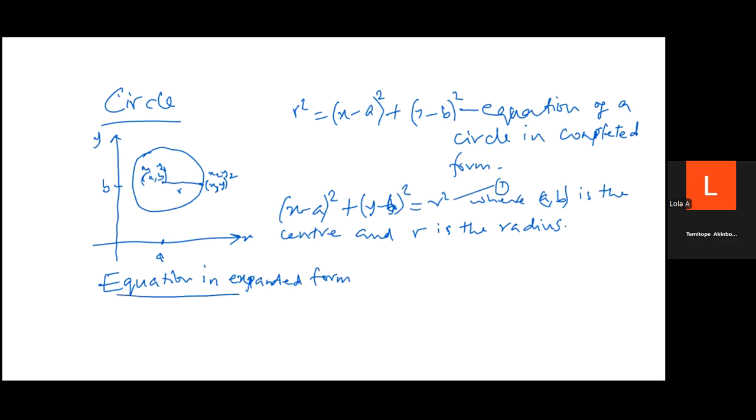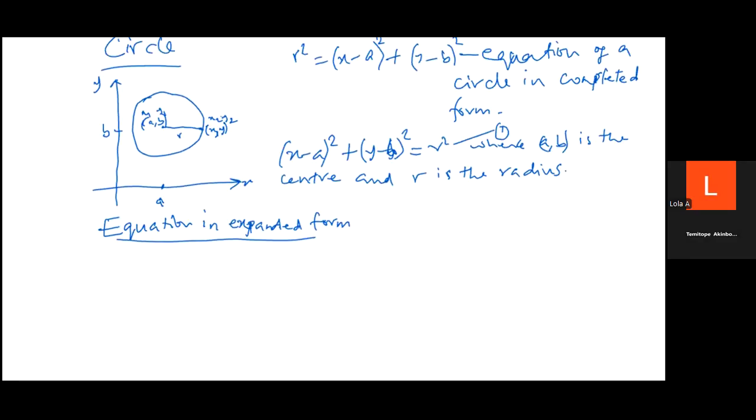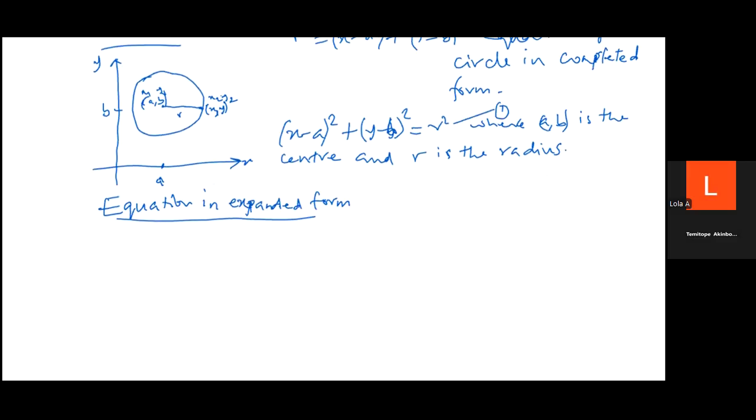Now, if I expand equation 1, so we have x minus a squared plus y minus b squared equals r squared. So let's expand this. Hope you are through writing this. Almost, sir. Okay, hurry up. Done, sir. Okay.